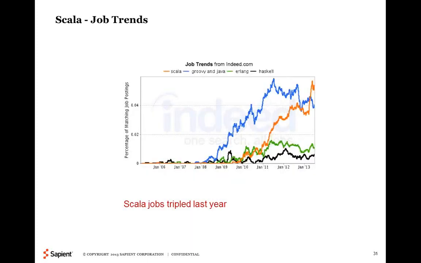On job trends, you can see Scala jobs almost tripled last year. The point is manpower: people are learning Scala because there are openings in the market, so we can easily go and hire Scala resources.